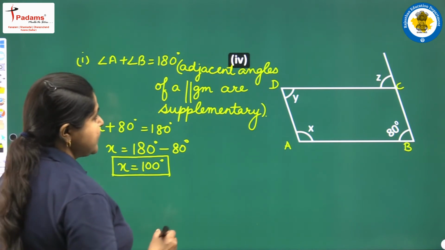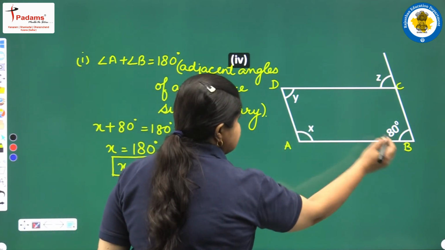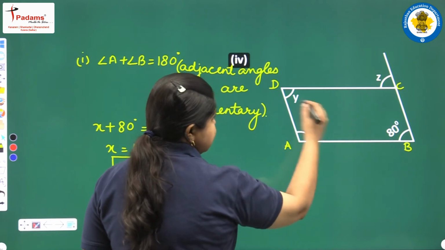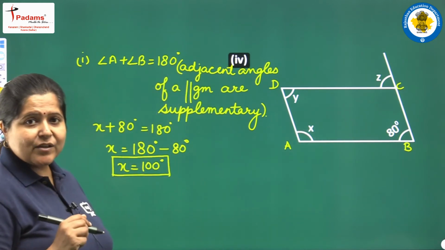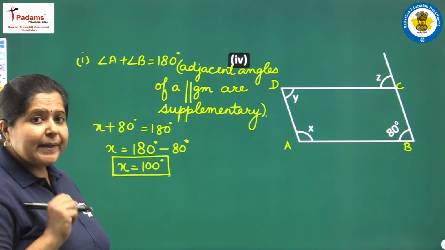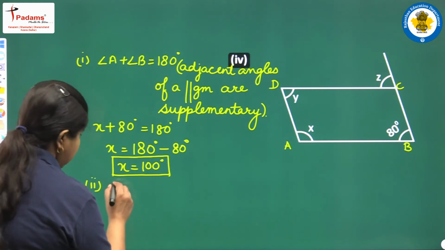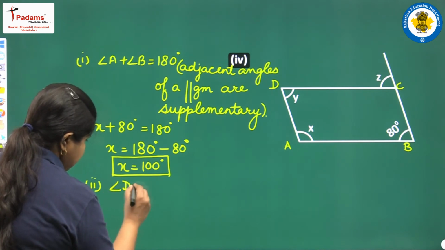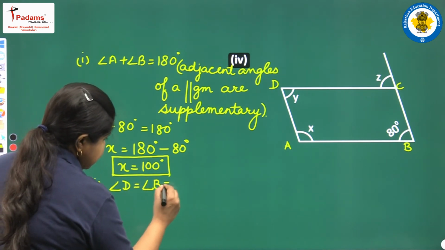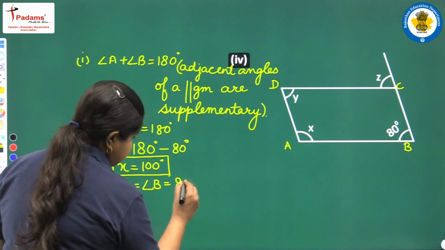Then we have to find angle y. Easily we can relate these two angles. These two angles are the opposite angles of a parallelogram, and so they will be equal. So we can write it here. Second one, angle D is equal to angle B is equal to 80 degree.